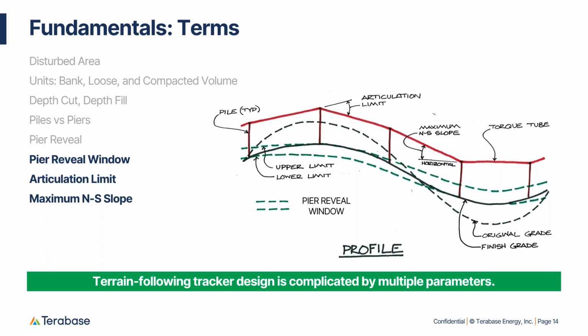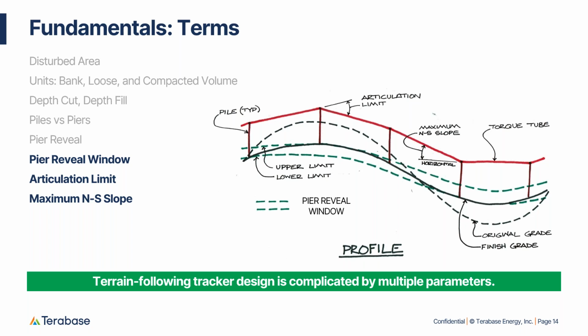We have a tracker profile drawn in red, and along that tracker we show articulation limits and maximum north-south slope, and you can see the torque tube there on the top and the piles supporting that structure. The solid black line is the finished grade, and that finished grade has come from our design of the system.